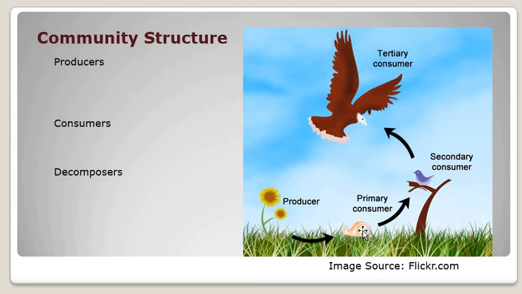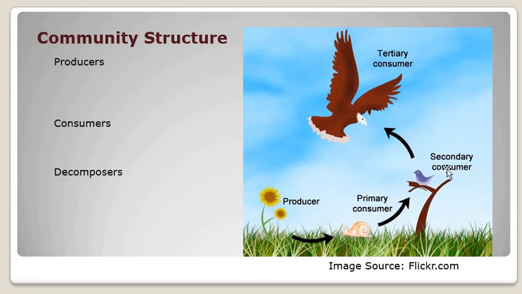These are also called phagotrophs. Those consumers which feed directly on the plants or on the product of a plant are called herbivores, and these are primary consumers, just like deer.